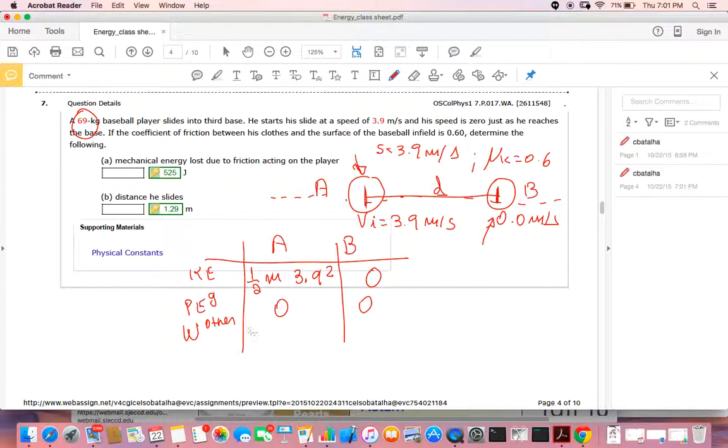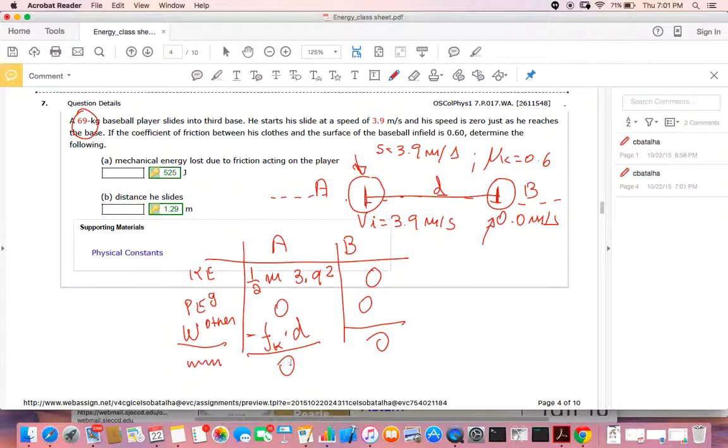But friction does, and the work done by friction is the negative of the force of friction times the distance, right? And this negative is because of the cosine of an angle, and the angle is 180. So pretty much that's it. You add these two quantities, and the total energy should be conserved or should be accounted for.